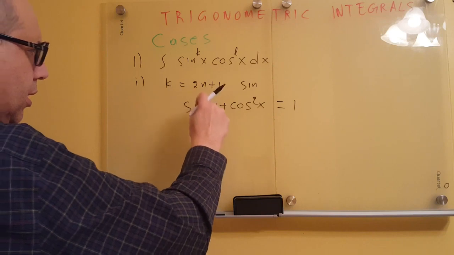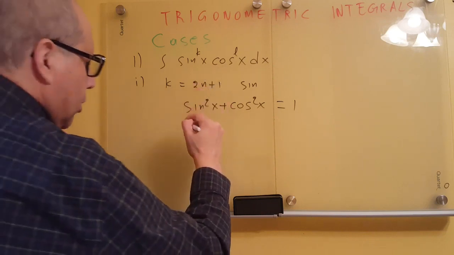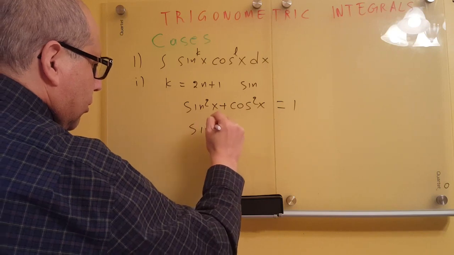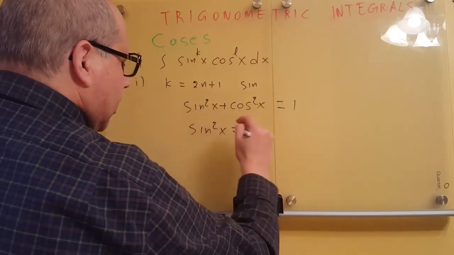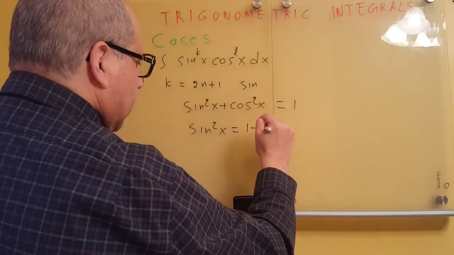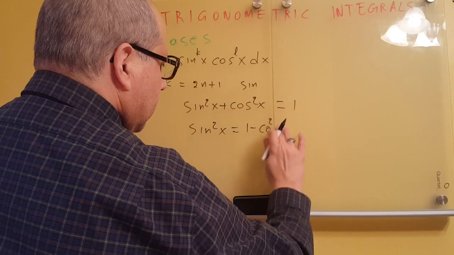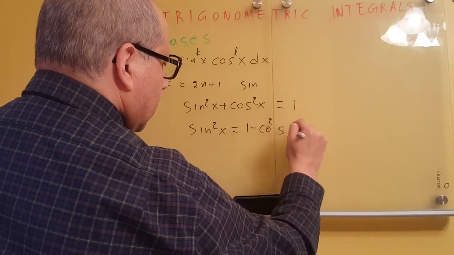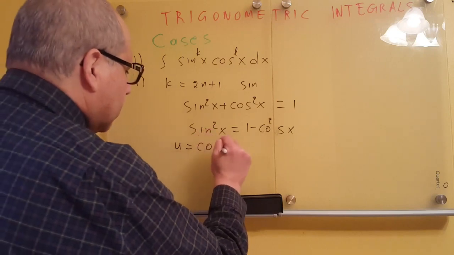We substitute the rest, which will be a multiple of 2, from this formula, so sine square x equals 1 minus cos square x. And also we substitute u equal to cos of x.